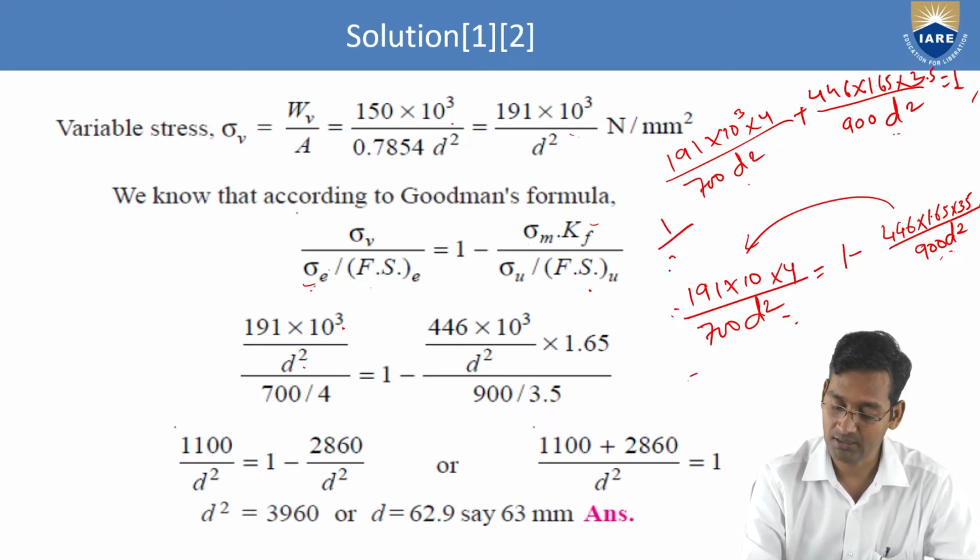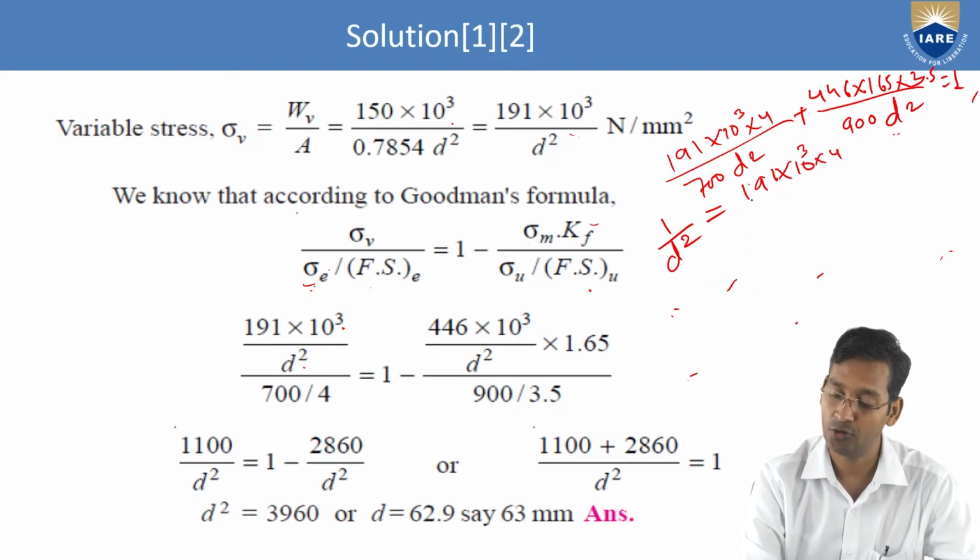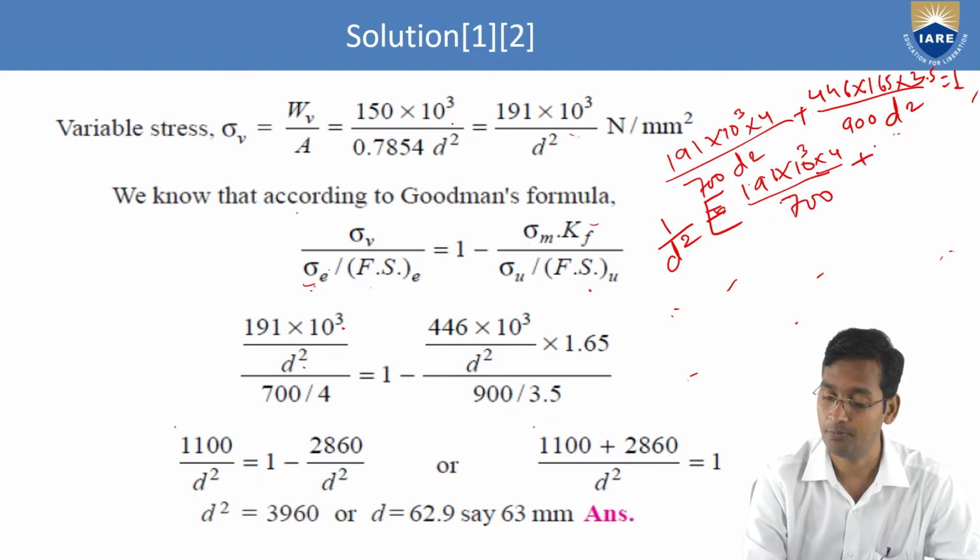So 1 by d square is equal to what? Simply whatever is there, 191 into 10 to the power 3 into 4 divided by 700 plus 446 into 1.65 into 3.5 divided by 900. This is equal to 1, right?